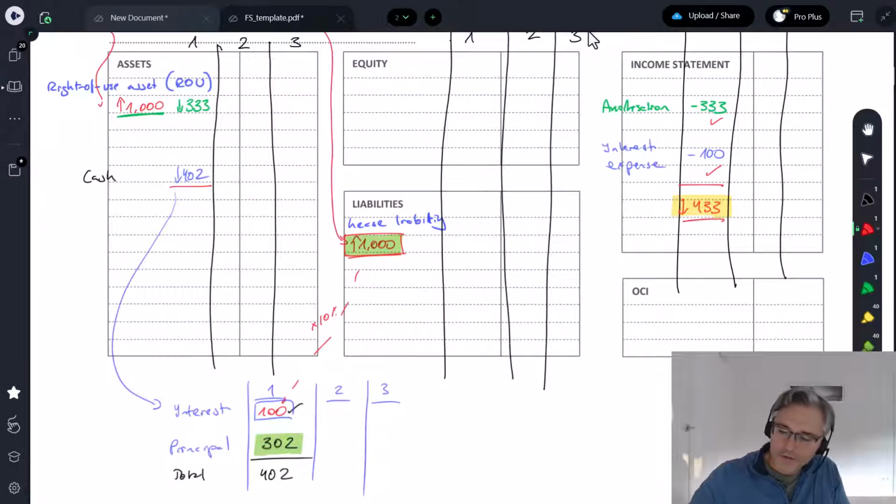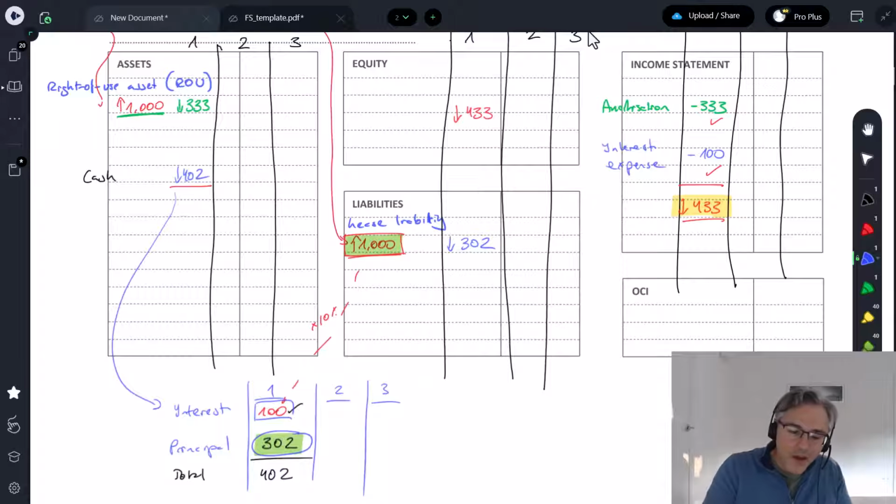So, that 433 will also have a negative impact on equity. And whatever we deem to be the principal portion of the payment reduces our lease liability. It's very tricky, but this is how it works.